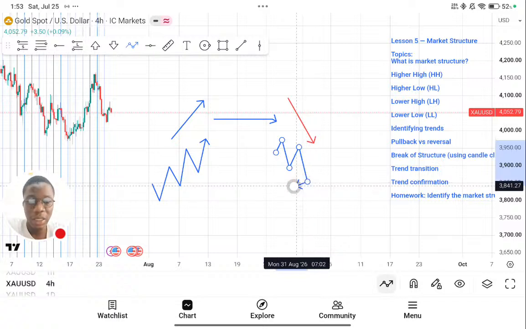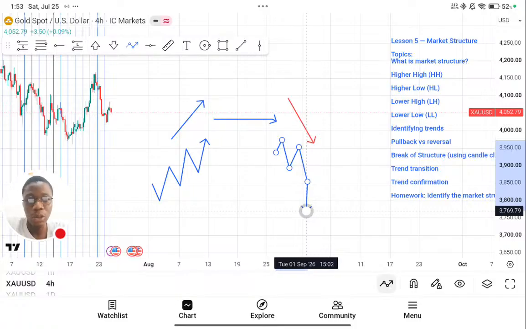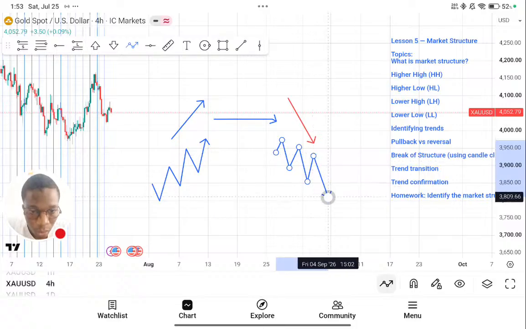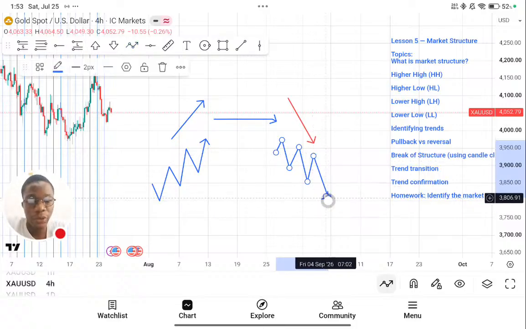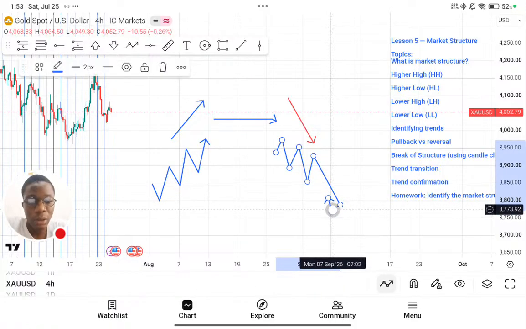In this case, we are starting to see some bearish momentum build up. So what we're going to be looking at is the next pullback, so that we could enter in anticipation for continuation to the downside, right? Let's do this like this.